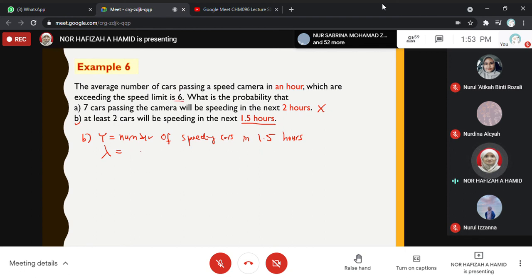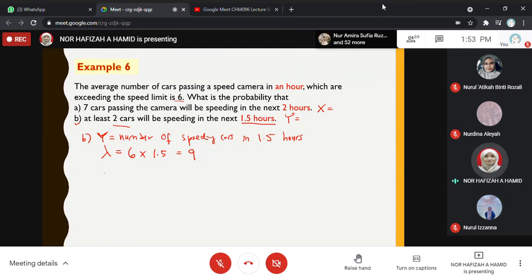So sekarang 6 you multiply with 1.5, and you will get 9. Okay, so baru you boleh calculate at least 2. So ni saya assume Y, you nak assume any variables lain pun boleh. So tadi saya dah assume yang first ni, you punya random variable dia X. So untuk yang second ni, saya tukarlah, saya assume dia Y pula. Okay, so you have 9. Lepas tu baru you boleh proceed at least 2.